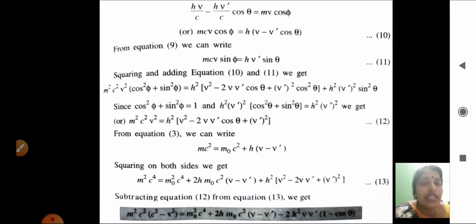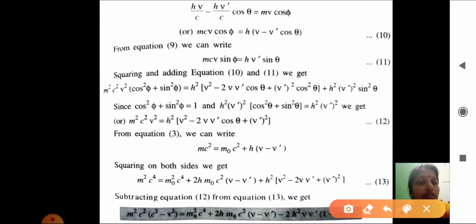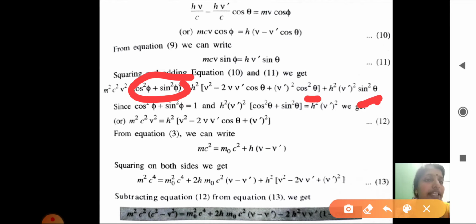Again simplify this equation. Cos squared phi plus sin squared phi is 1. Taking h squared nu dash squared as the common term, the remaining terms are cos squared theta plus sin squared theta, which is 1. So the remaining term is h squared nu dash squared.